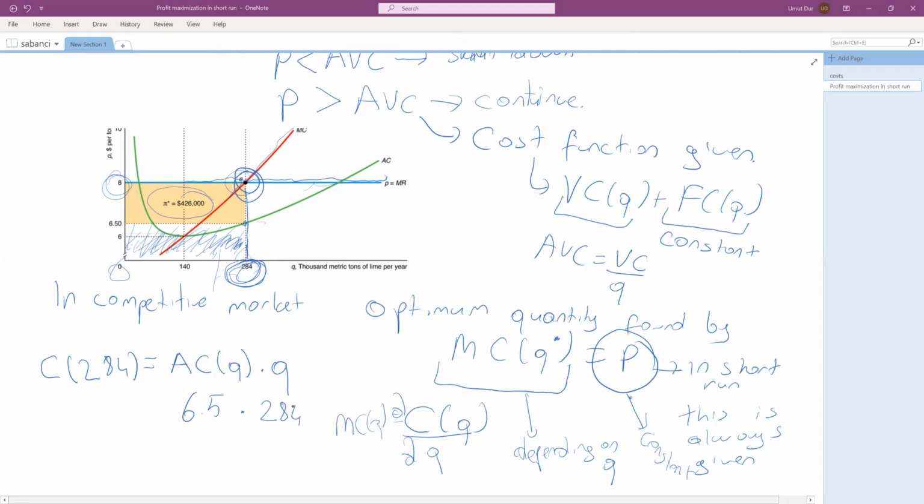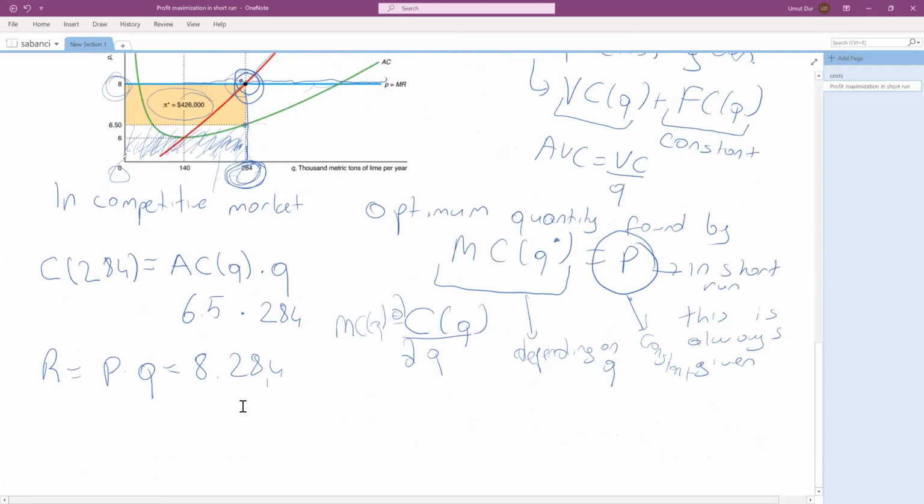Then that will give us the cost. Revenue is equal to the price times quantity, so it will be 8 times 284. Therefore, the profit is the difference between revenue and cost, which will be 8 minus 6.5 times 284.